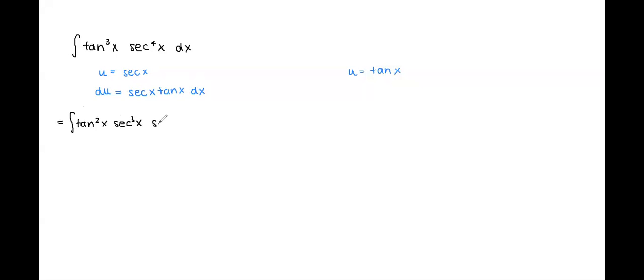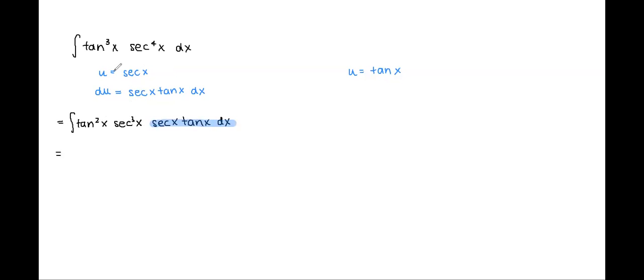And I'll end up with secant of x times tangent of x times dx, right? Which means that now I can use that last bit as my du. And then I would have to find a way to write everything in the first integral in terms of either tangent or secant.